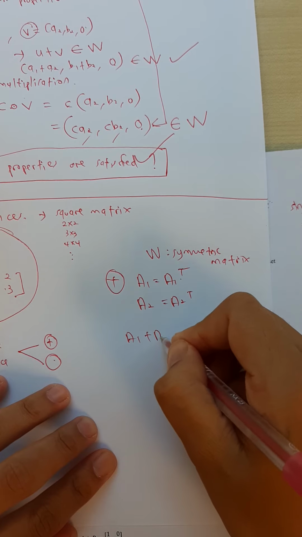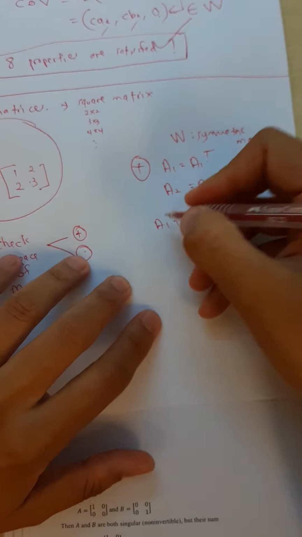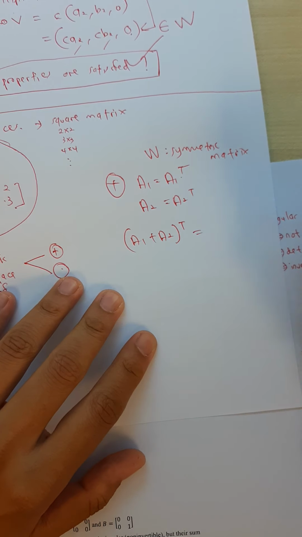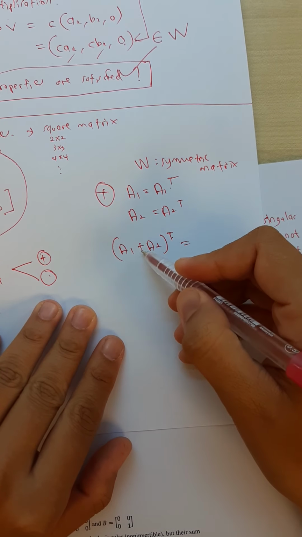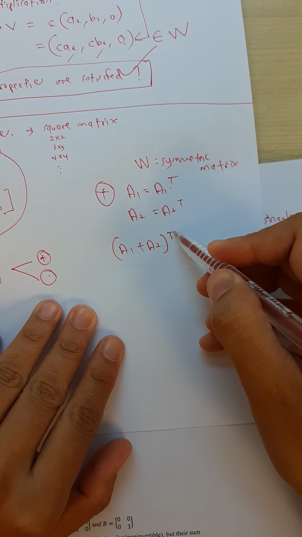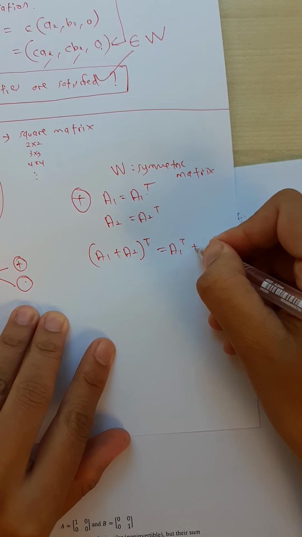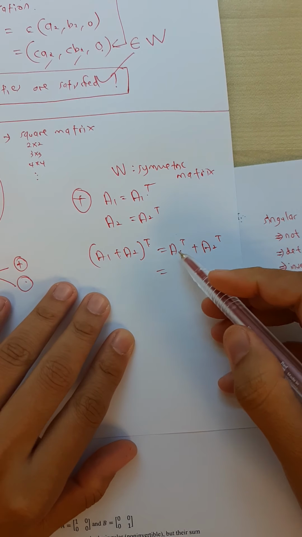So now let's check the addition part. A1 plus A2, transpose. So what does this equal to? Do you still remember the properties for transpose? If it's addition, the property of transpose says that it is going to be A1 transposed plus A2 transposed. What is A1 transpose?